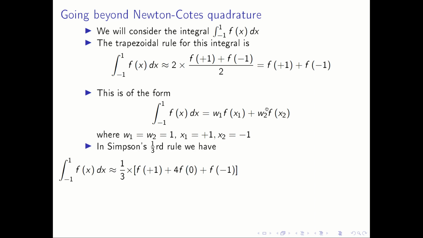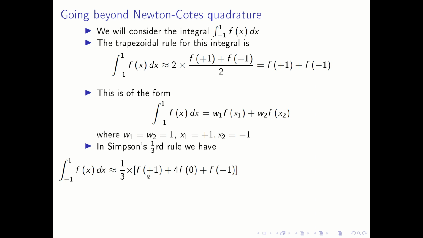In Simpson's one-third rule, we evaluate the integral from -1 to +1 of f of x dx by taking 1/3 of, this is h by 3, remember, where h is the size of one interval. In Simpson's one-third rule, you divide the whole interval into 2. This is the basic Simpson's one-third rule I am talking about, not the composite one. So each interval has size 1, and the 1/3 in the name comes because what sits here is h by 3.